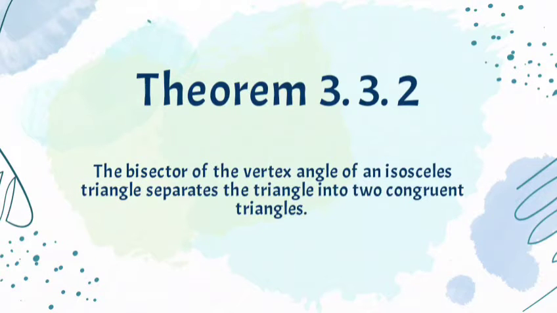Now, Theorem 3.3.2. The bisector of the vertex angle of an isosceles triangle separates the triangle into two congruent triangles.